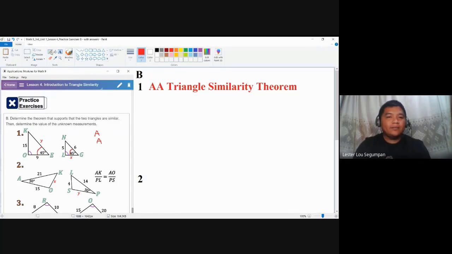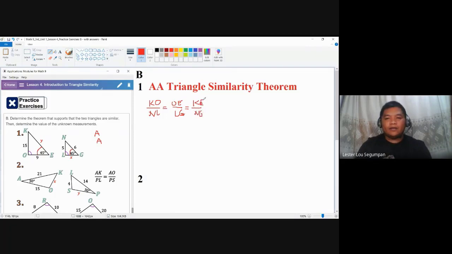How do we solve them? We need to come up first with the proportionality of sides, or the proportionality statement. Since we are sure that these two pairs of angles are corresponding, the remaining is also corresponding. So let's have KO over NL is equal to OE over LG, and must be equal to KE over NG.